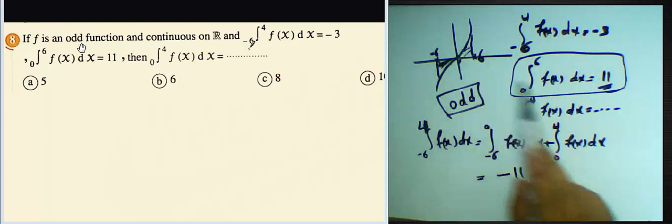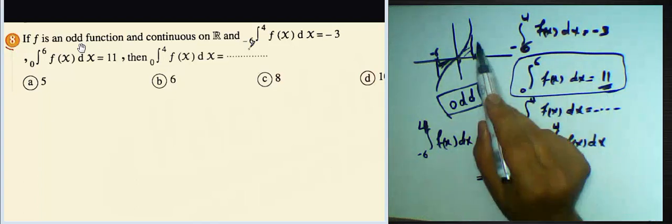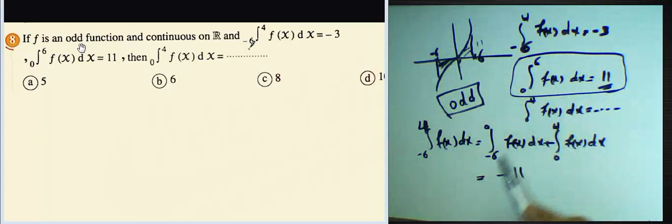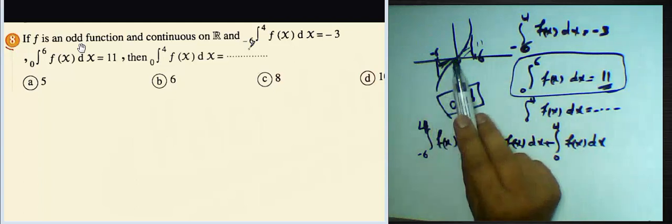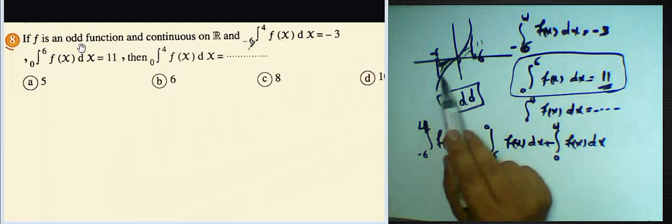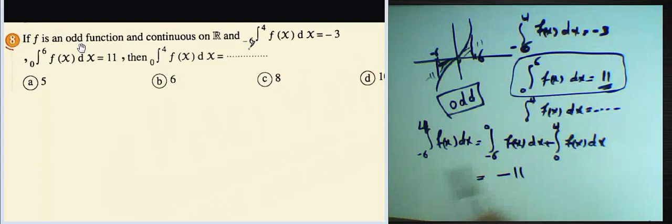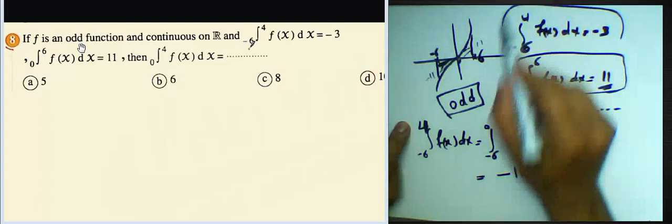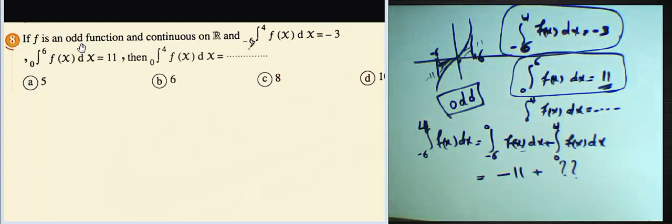From 0 to 6 it is 11, so the integral from -6 to 0 is -11. So we must write -11 plus the integral from 0 to 4, which is what I want. And from -6 to 4, he gives us the result -3.